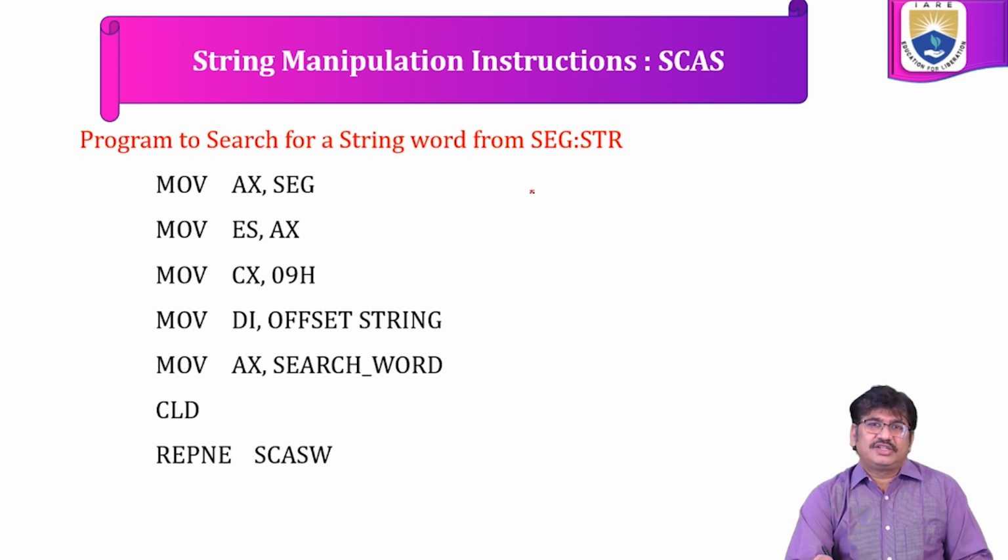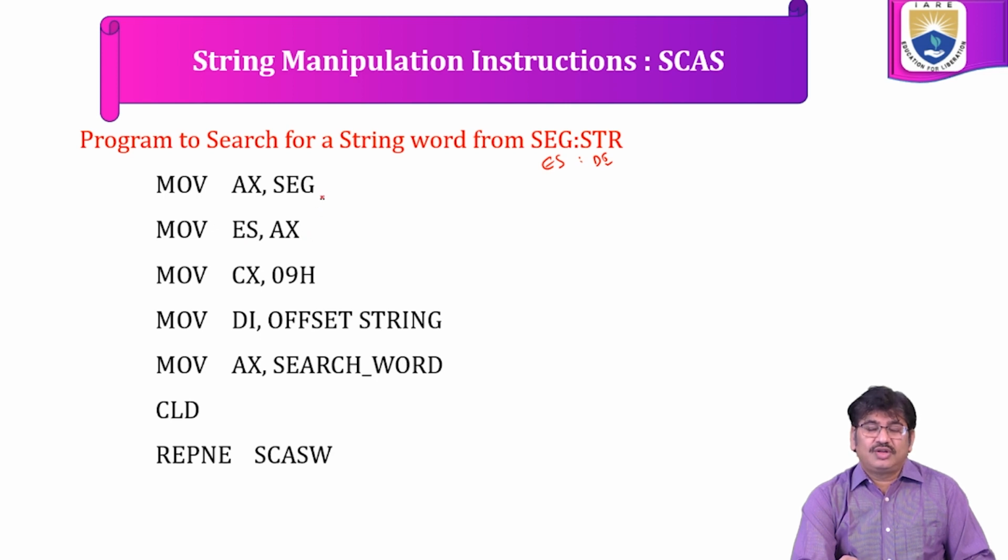Program to search a string byte or string word from a segment address, which is loaded with the segment address SEG and offset STR. This segment address and offset are loaded into the ES:DI register pair. First, MOV AX, segment address, followed by MOV ES, AX.